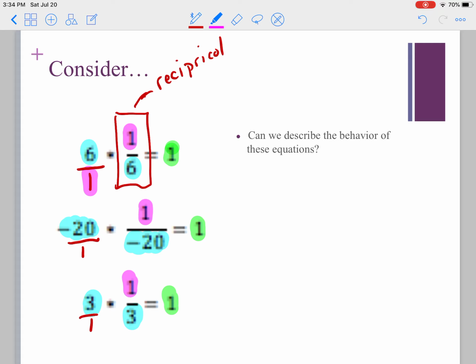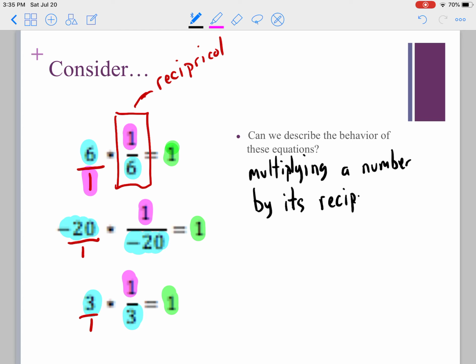And so when we describe the behavior of these equations, what we can say is that multiplying a number by its reciprocal equals 1.